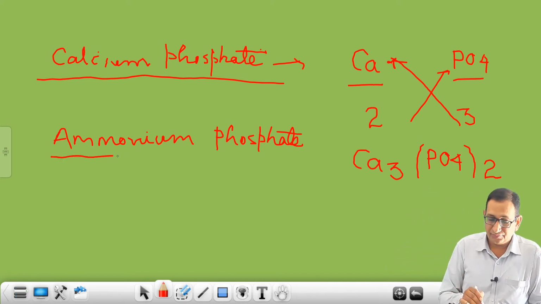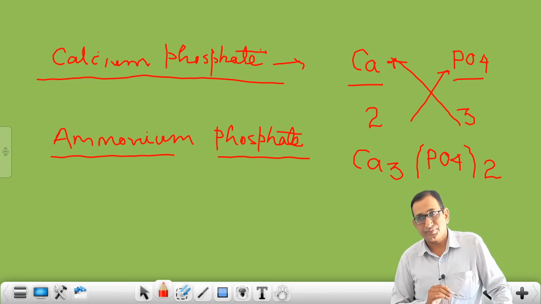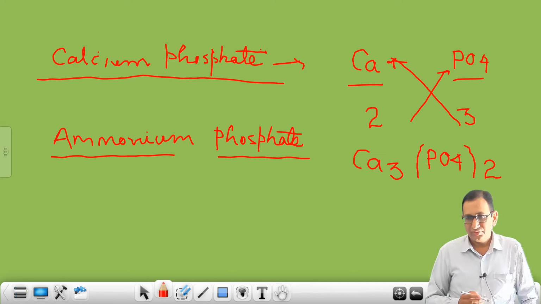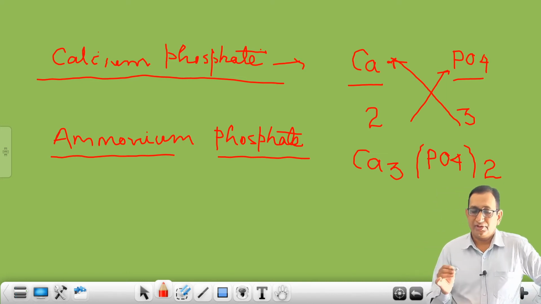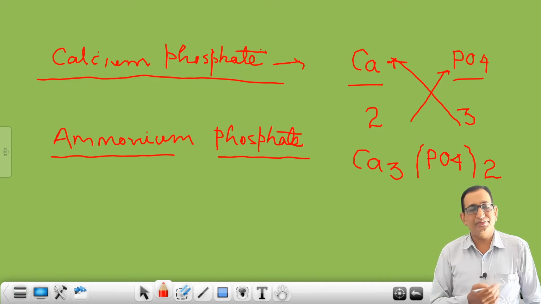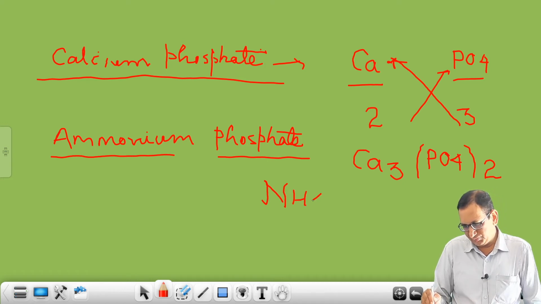Next students, ammonium phosphate. For ammonium phosphate, see here, this ammonium came so many times, it keeps repeating again and again. So for ammonium we will write NH4.